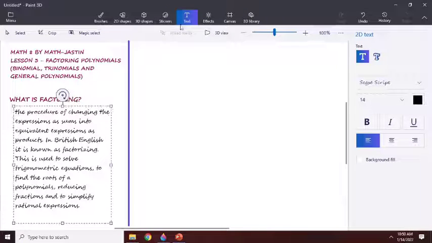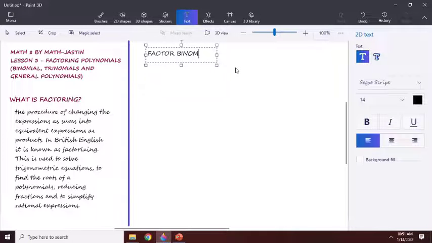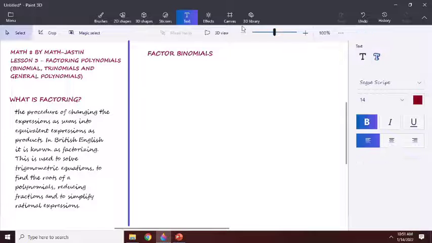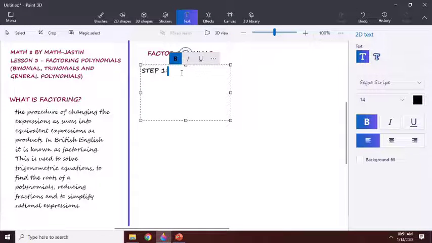So firstly, we are going to start by factoring binomials. How do we factor binomials? Step 1, find their GCFs.